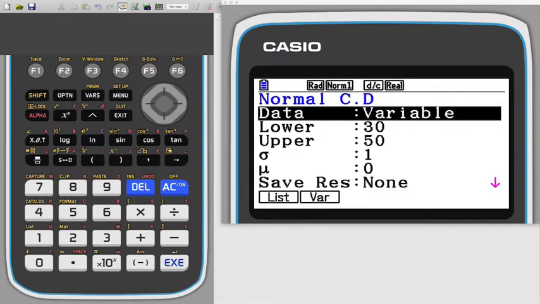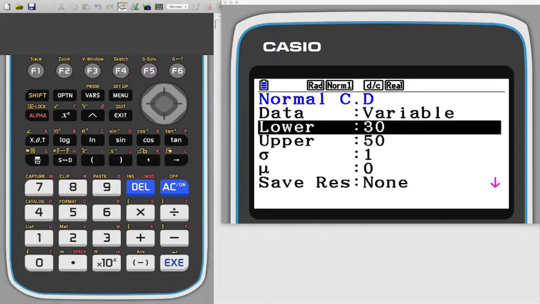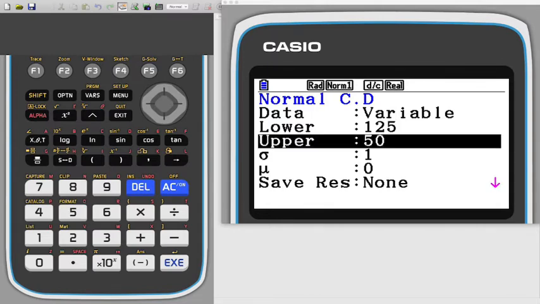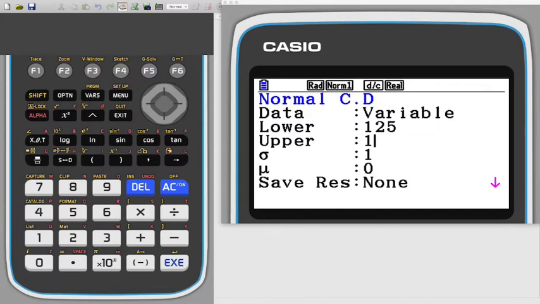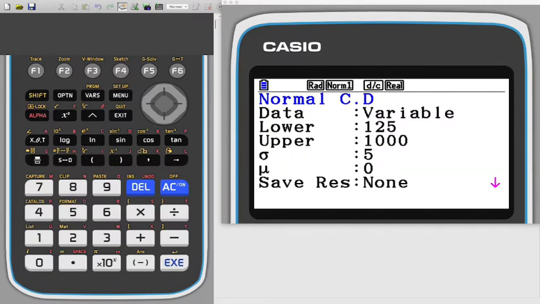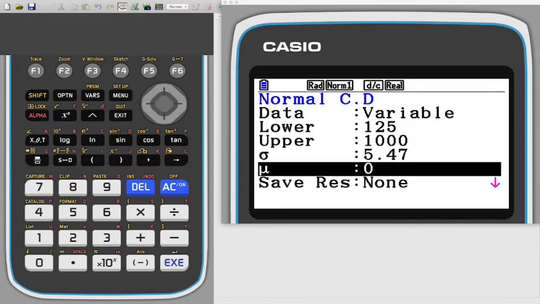So we want the lower bound to be 125, so 1, 2, 5. Enter. The upper bound, we just need to put a large number in, so put 1,000 in. Enter. And then the standard deviation is 5.47. Enter. And the mean is 115.